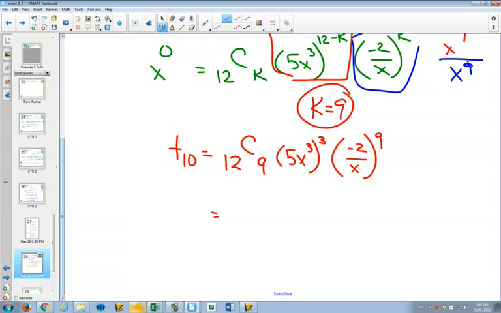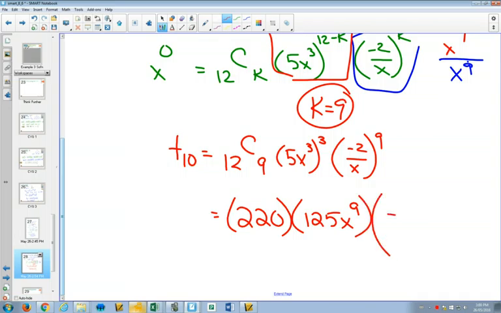So we go to our calculator and calculate each one of these separately first. 12 choose 9 is 220. Keep that in brackets. 5 cubed is 125. X cubed is x to the 9. Negative 2 to the 9 is negative 512, x to the 9.